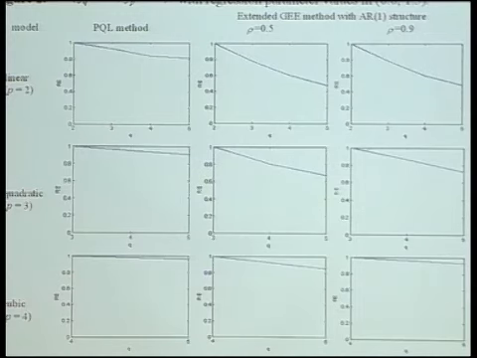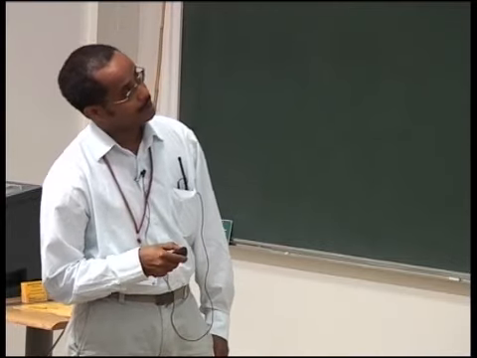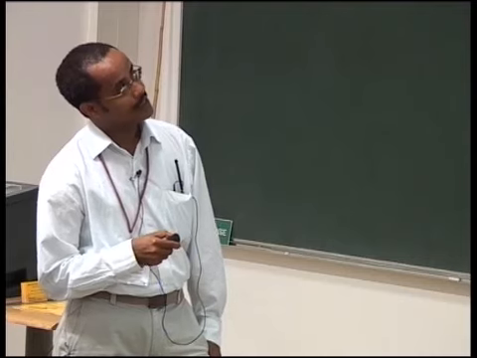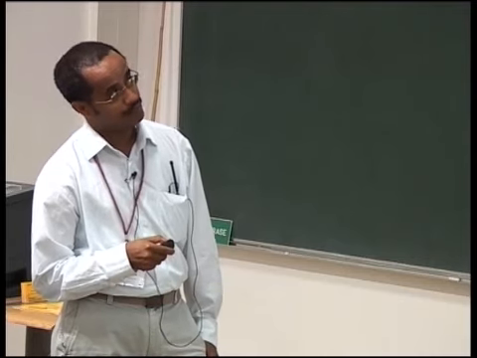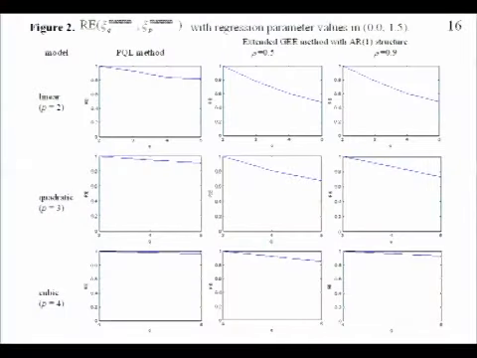The same trend can be observed in all other cases. For example, in the case of cubic, when we have 4 parameters in the model, and in the extended GE method with the correlation coefficient 0.9, the relative efficiency is decreasing.